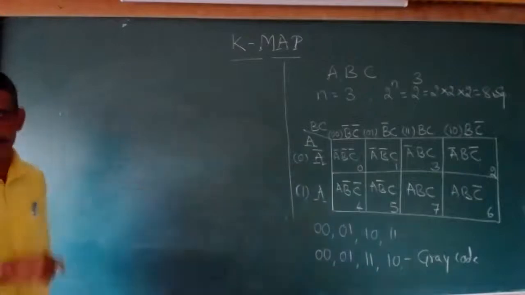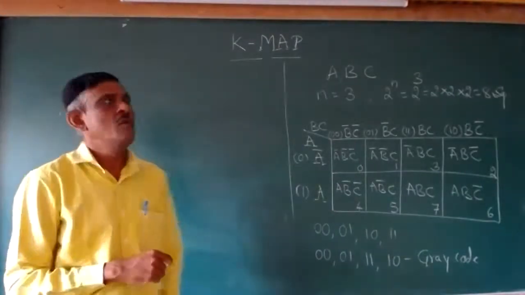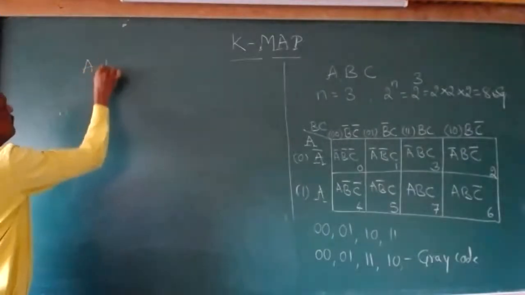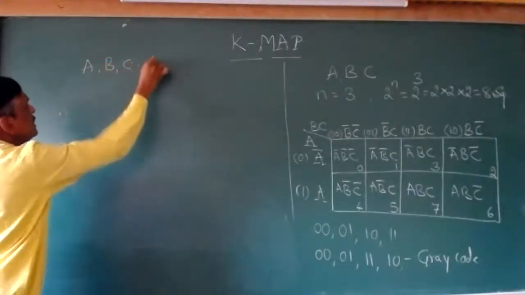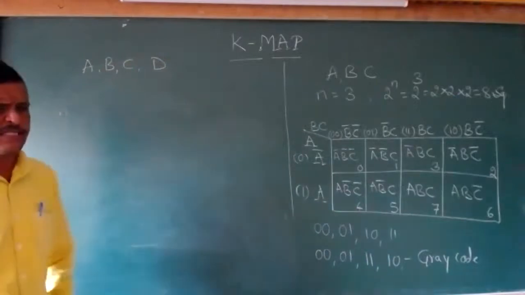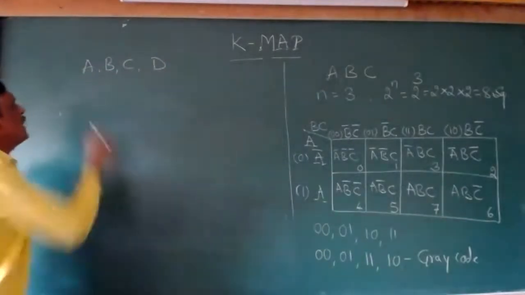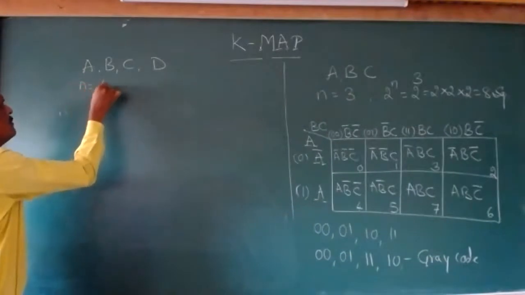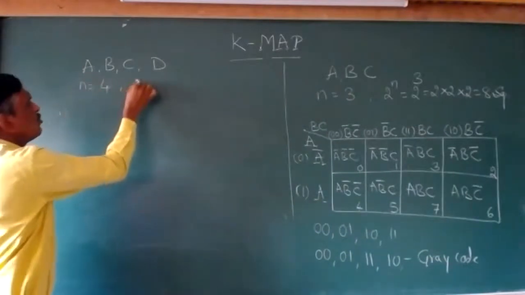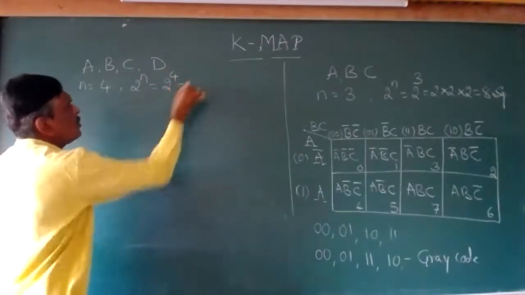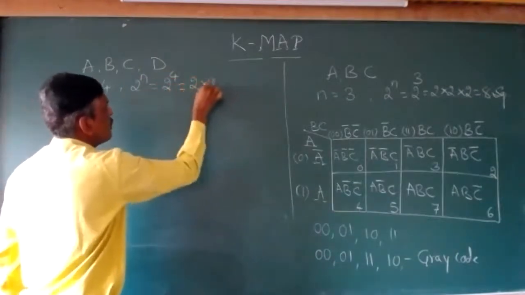If it is a 4 variable K-map, assume that A, B, C, and D are the 4 variables. So n equal to 4. If n equal to 4, 2 power n equal to 2 power 4, which is 2 multiplied 4 times.